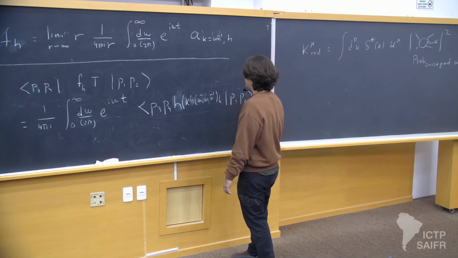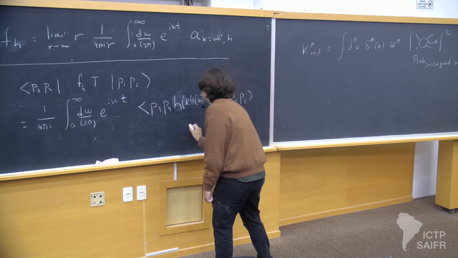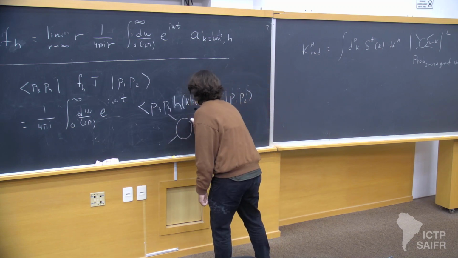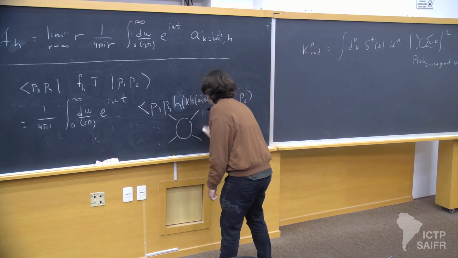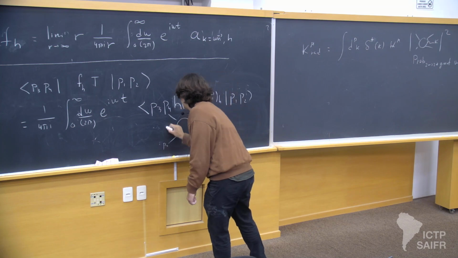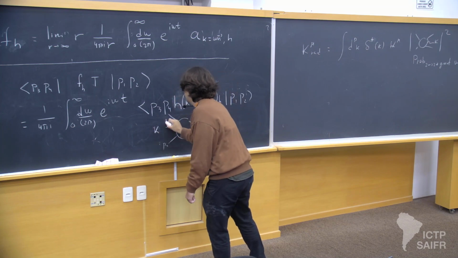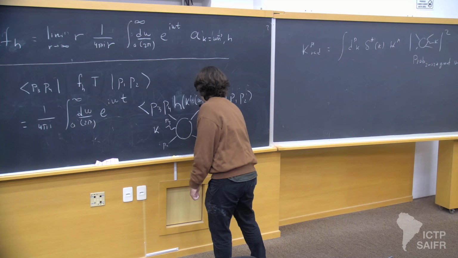P1, P2, this is just the 5-point amplitude. This is literally just P1, P2, K, P3. Sorry.